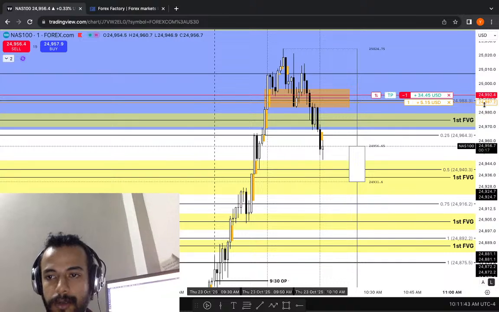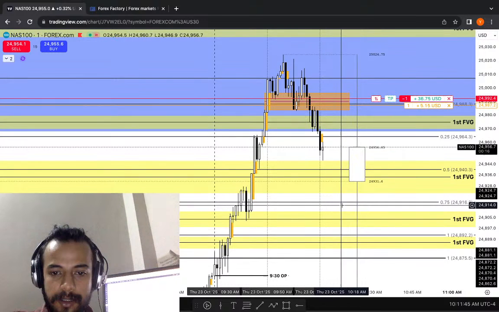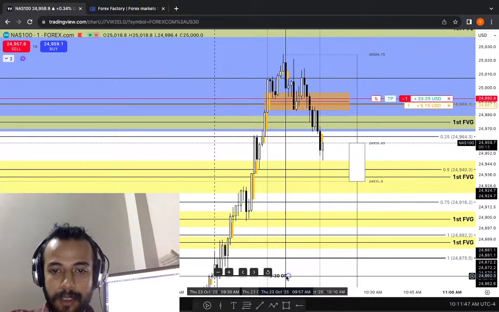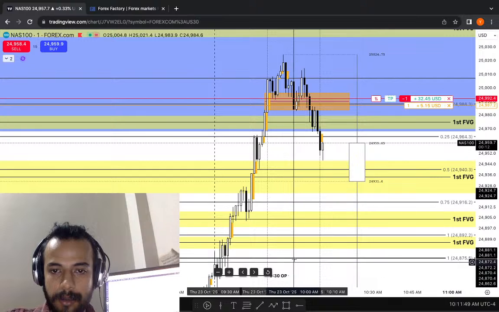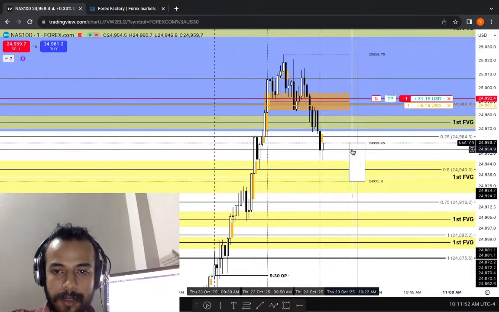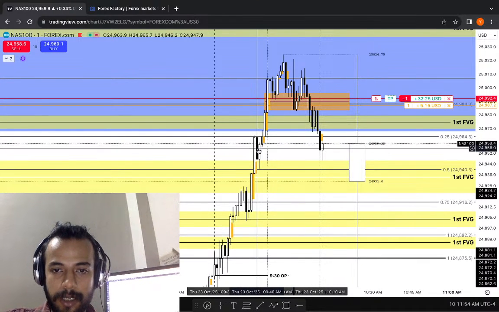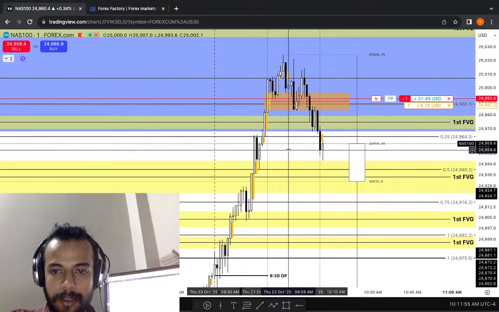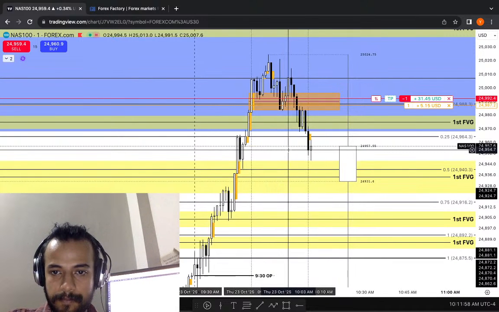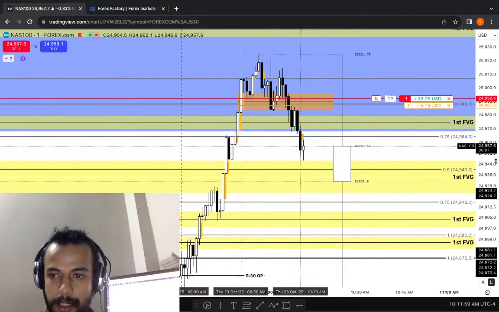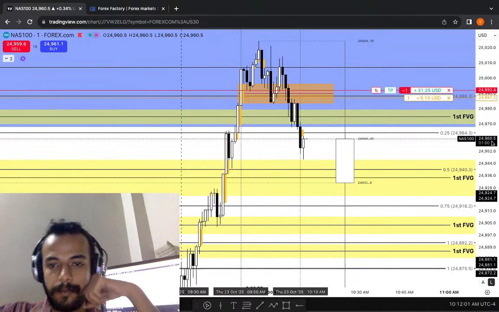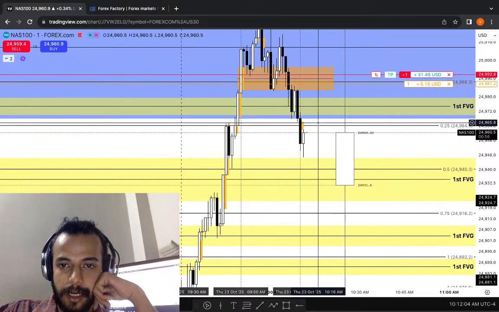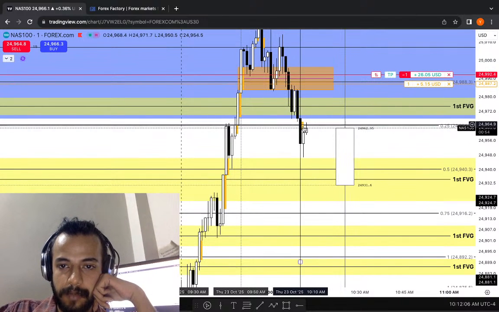Now I would like to hold and see if this move has the potential to move below the 930 opening, but I don't think so, because as you can see this down close candle is trying to support it. Let's see. Now I'd like to see how this sell side imbalance buy side inefficiency plays out.